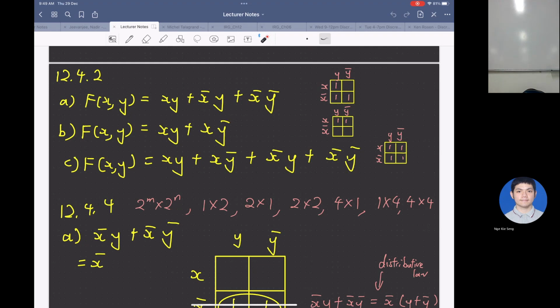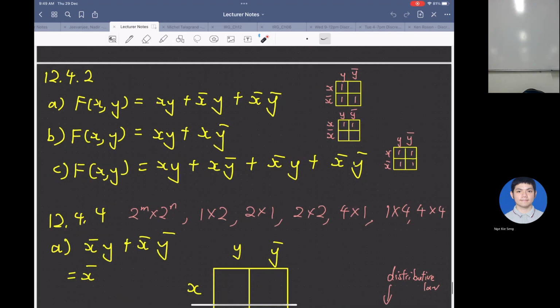12.4.2 asks you to build the K-map. How do you build the K-map? For two variables, you have four blocks. Three variables, you have 2 to the power 3, 8 cells. And four variables, you have 16 cells.